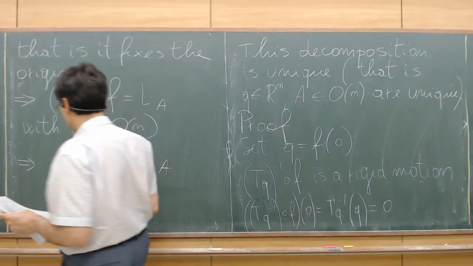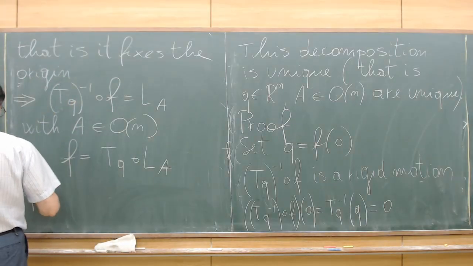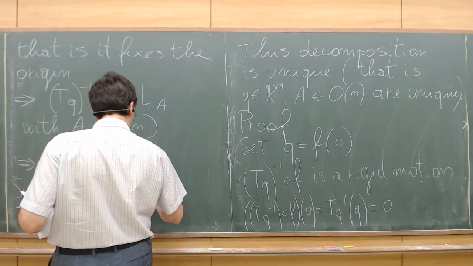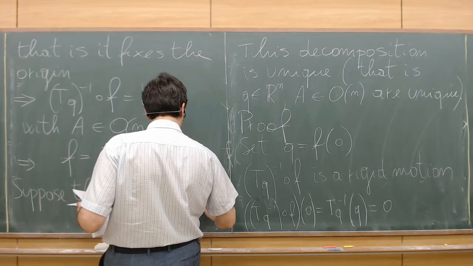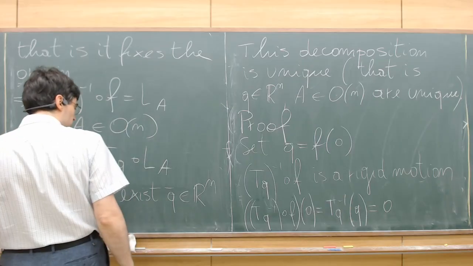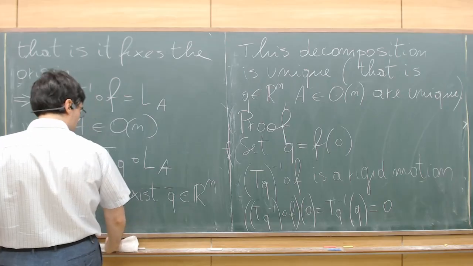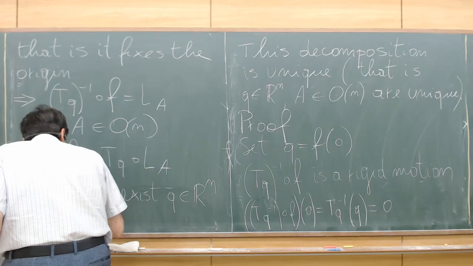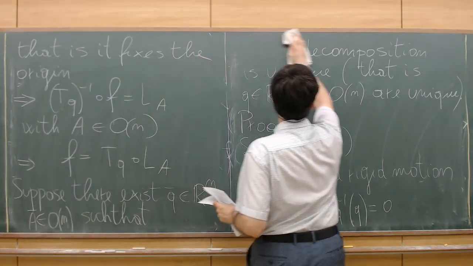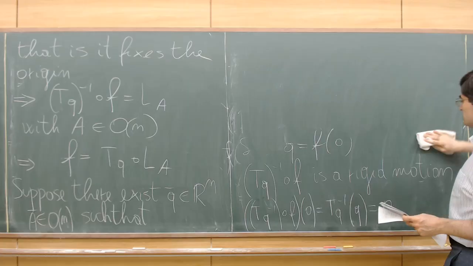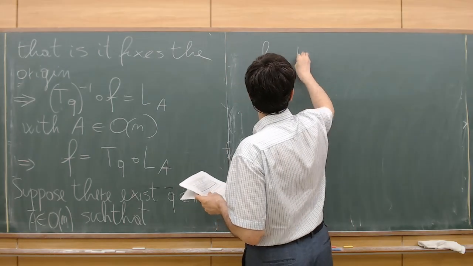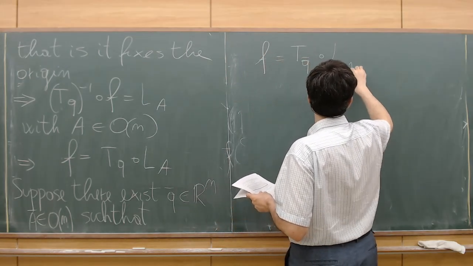So suppose it is not true. Suppose there exist a Q bar in Rn and A bar in On such that F is TQ bar composed with LA bar.